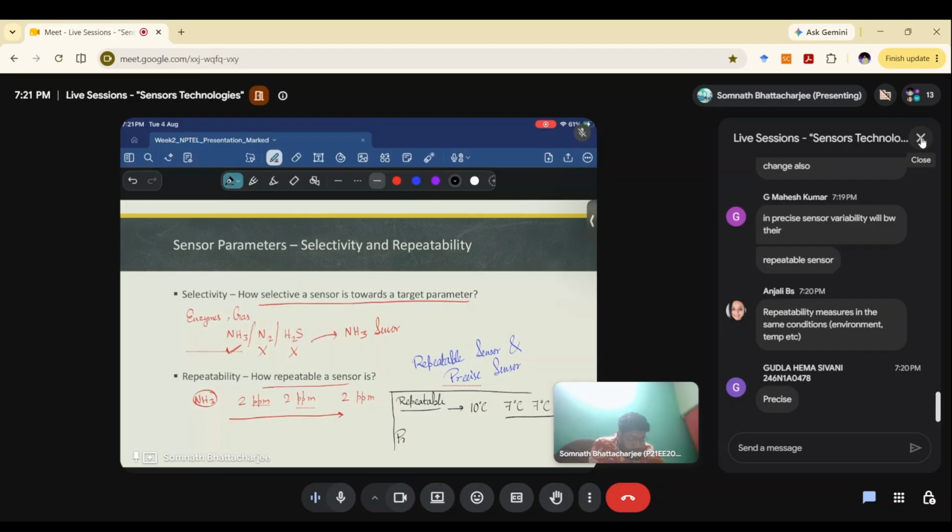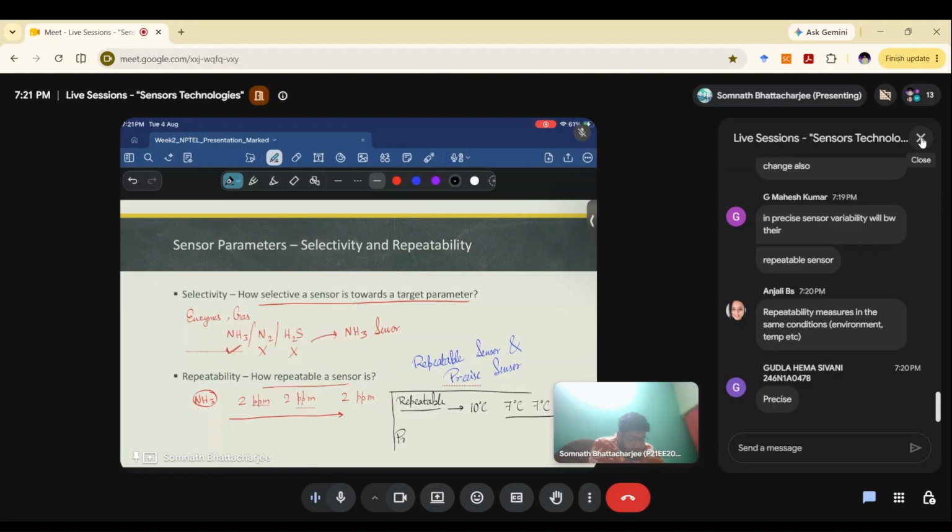Now, what is the span or range of this device? What is the range of this device? 10 to 200.